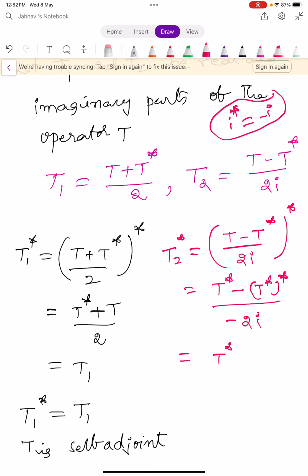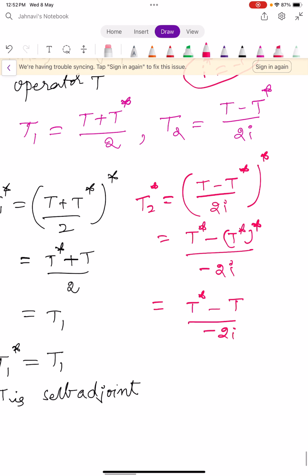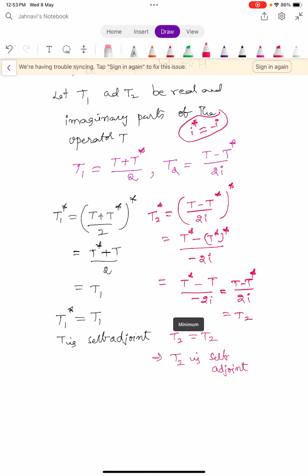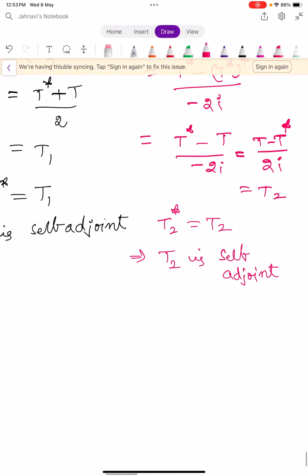Which is equal to (T star minus T) by minus 2i. Again, this gives a result of (T minus T star) by 2i, which is nothing but T2. Therefore, T2 star is equal to T2. This condition also shows that T2 is a self-adjoint operator on the Hilbert space capital H.